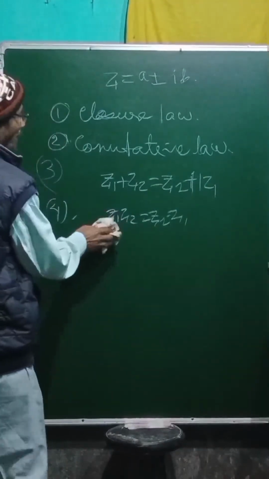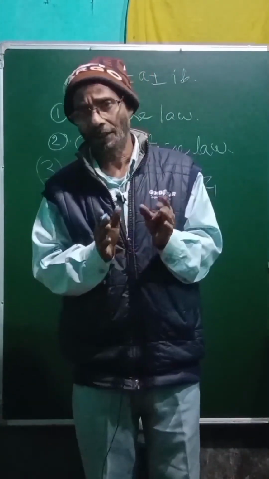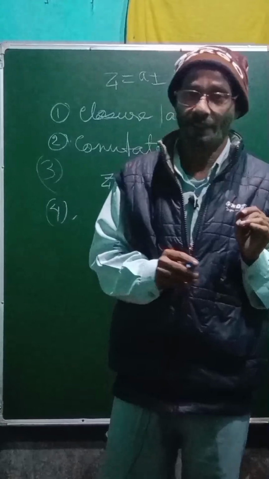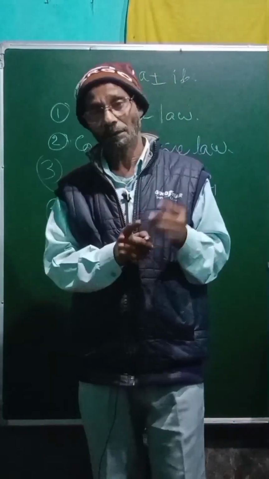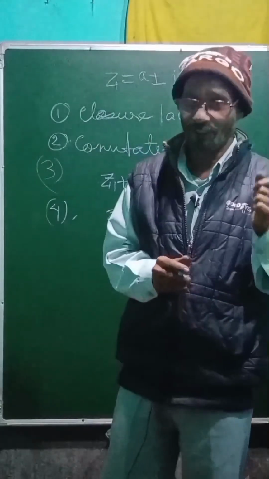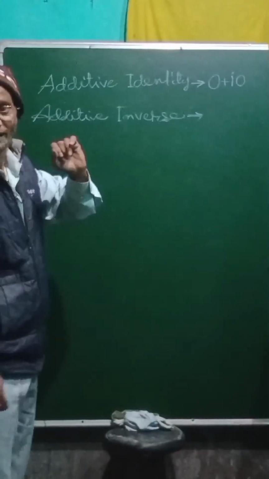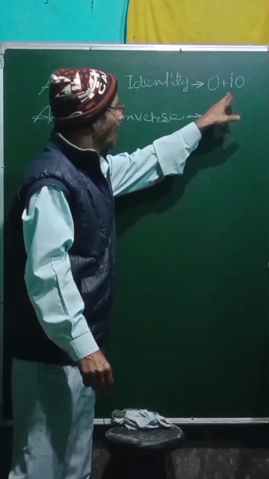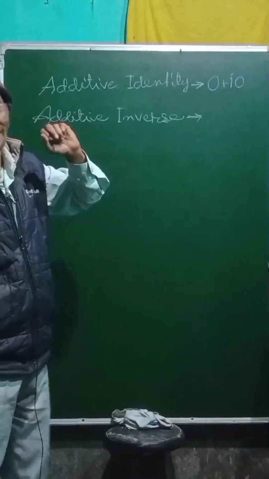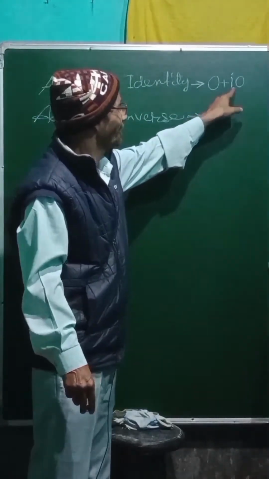And then the remaining: additive identity and additive inverse of a complex number, and multiplicative identity and multiplicative inverse of a complex number. Now see, the additive identity of a complex number is 0 plus iota 0, which ultimately is 0 plus iota into 0, equal to again 0.